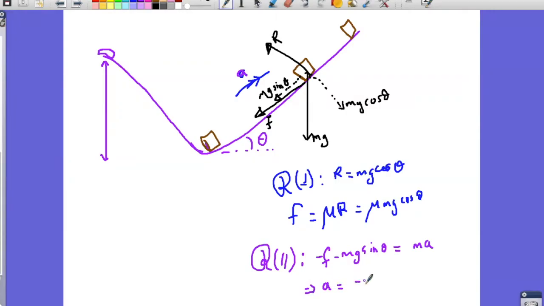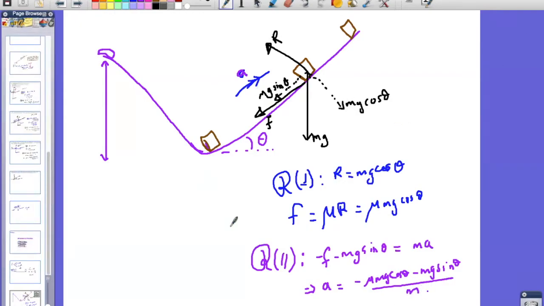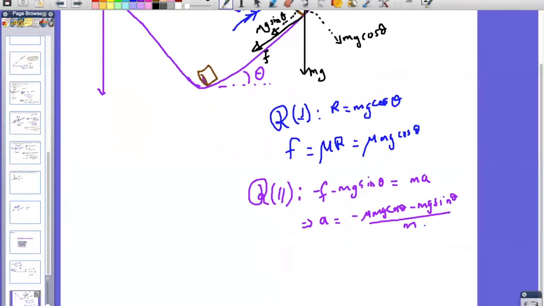A should be minus mu mg cos theta, because your F is mu mg cos theta, minus mg sin theta, divided by m. What does this give us?